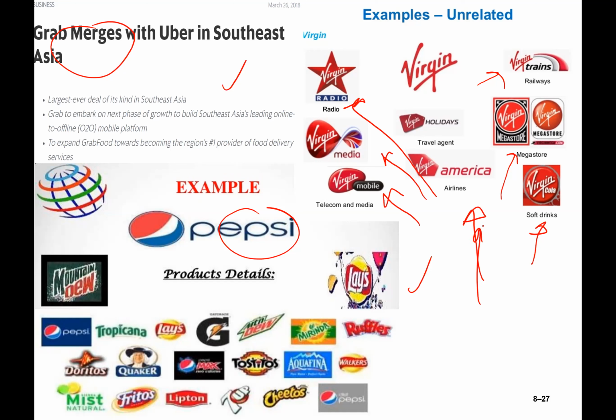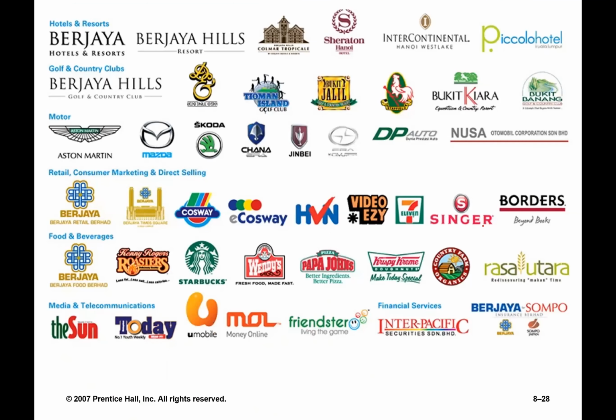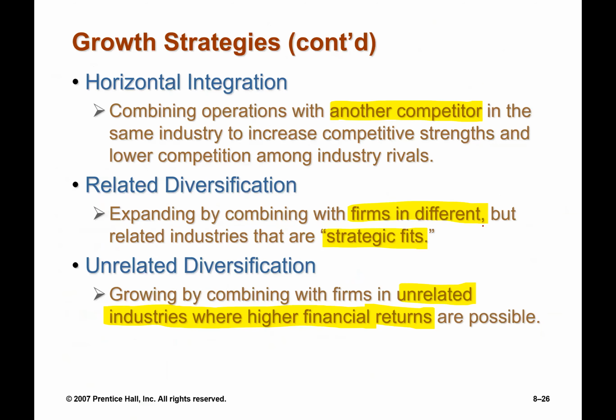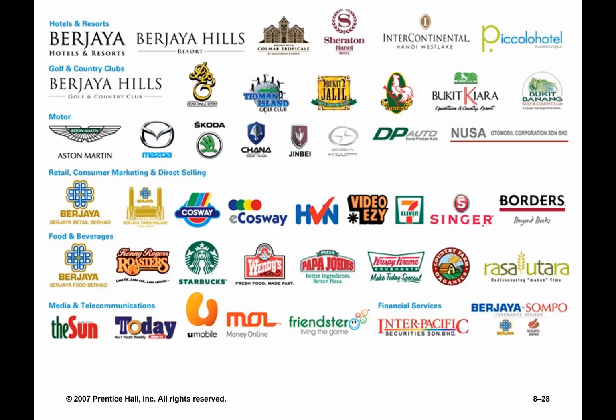And in Malaysia, talking about unrelated diversification, if you are in Malaysia, you might be well versed with this company. We call it Berjaya Corporation. And Berjaya is a classic example of unrelated diversification. You see, Berjaya has 7-Eleven.